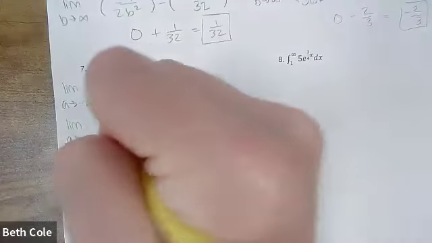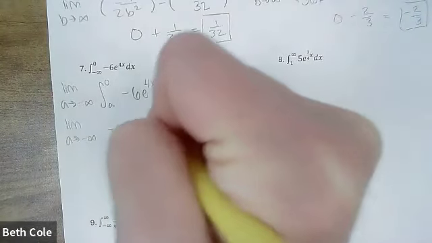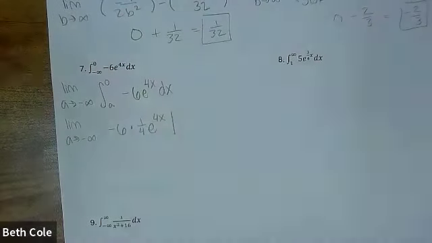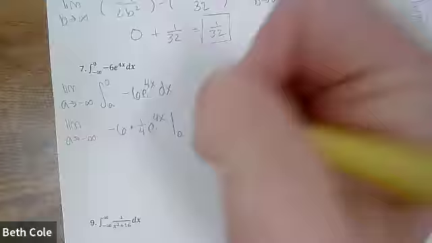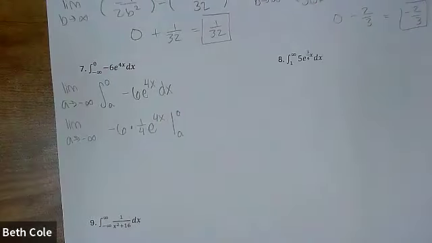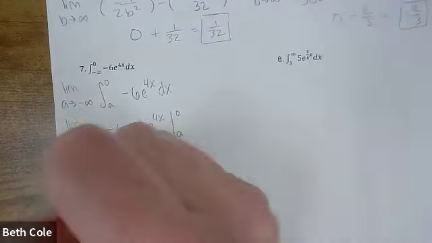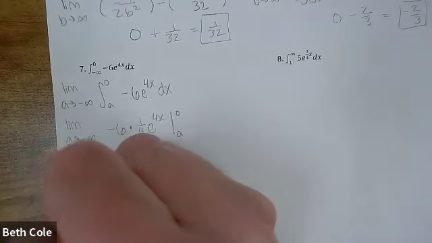So it's going to look like this: -6 times 1/4 e to the 4x, and we're going to evaluate from a to 0. I'm going to reduce it in the next step. -6/4 would be -3/2. I just wrote it that way so everyone could see what happened. If I skip too many steps, then I lose everybody.